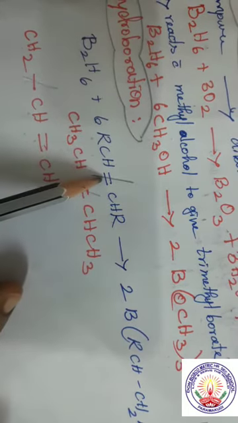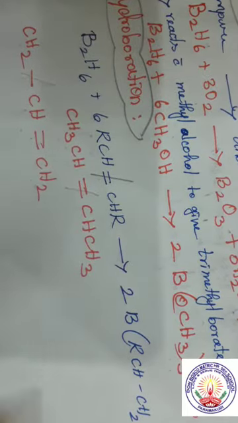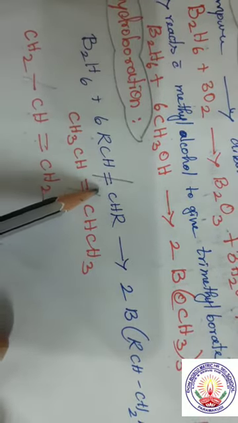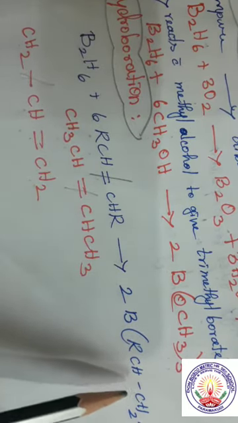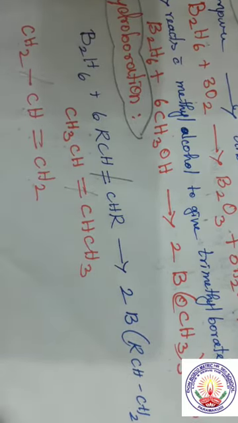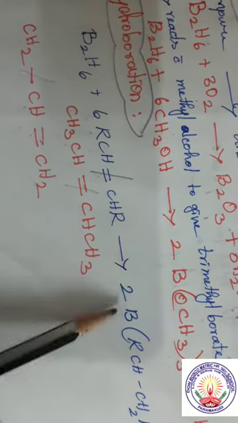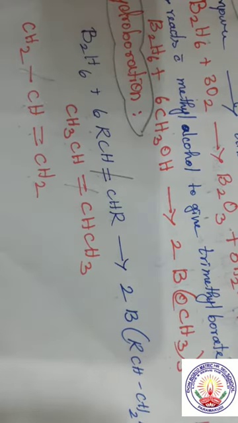But in the given example you see, it is symmetrical. So these 6 can be attached to all of this evenly. So we have 6, and look here, 2 into 3, 6. So it can be attached anywhere.